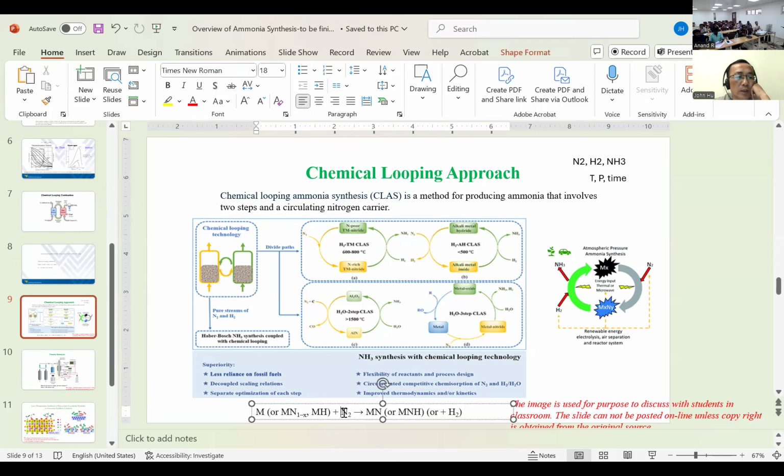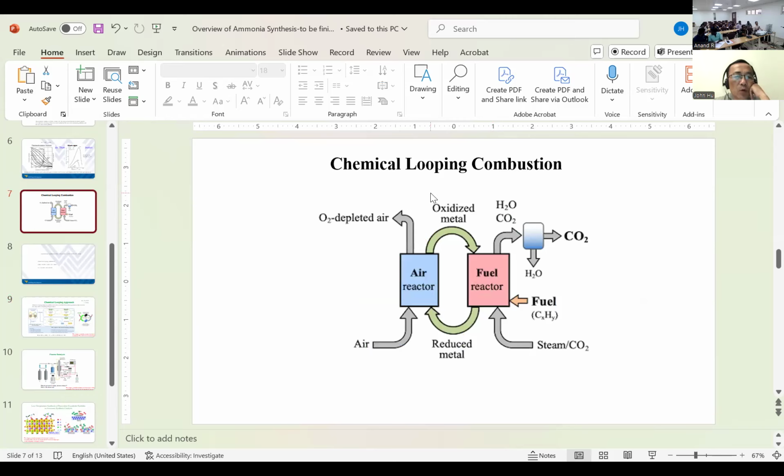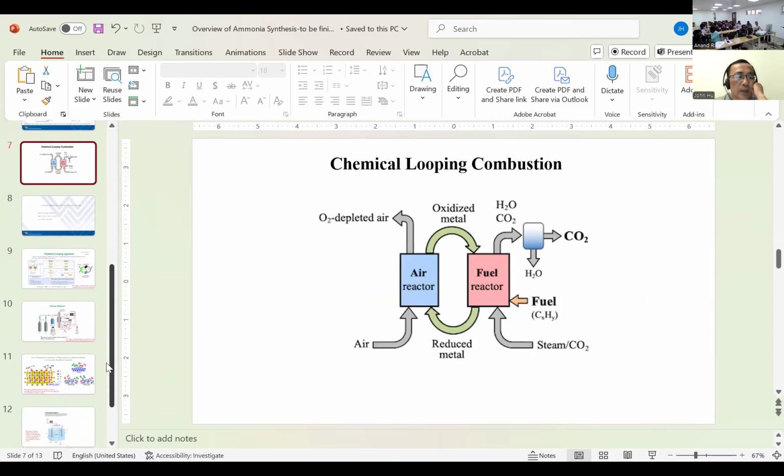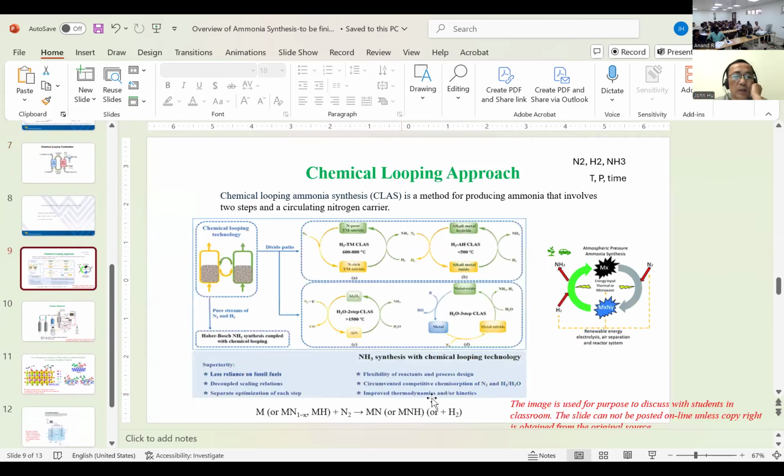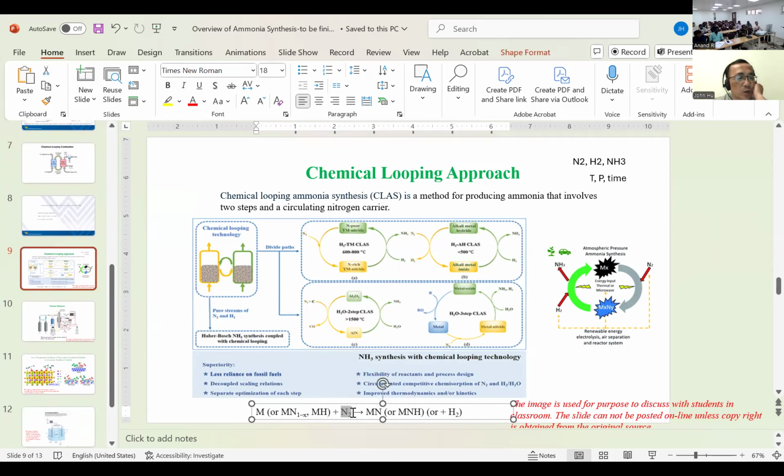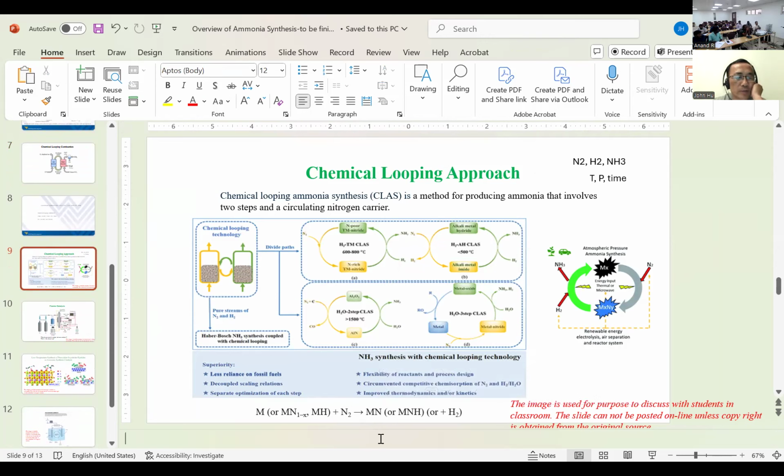In chemical looping for combustion, you can use air. You don't have to use pure oxygen. In chemical looping for ammonia, you have to use pure N2. There's no air in here, so you have to do separation. The key here is that the metal has to react with the N2 to form the metal nitride. You follow me?